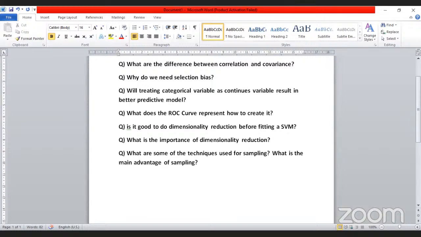There are two main types of sampling. The first is the probability sampling technique, and the next is the non-probability sampling technique. Probability sampling consists of cluster sampling, simple random sampling, and stratified sampling. Non-probability sampling consists of quota sampling, convenience sampling, and snowball sampling. Okay, is it clear now? What are the types and techniques used for sampling, and the advantages of that?